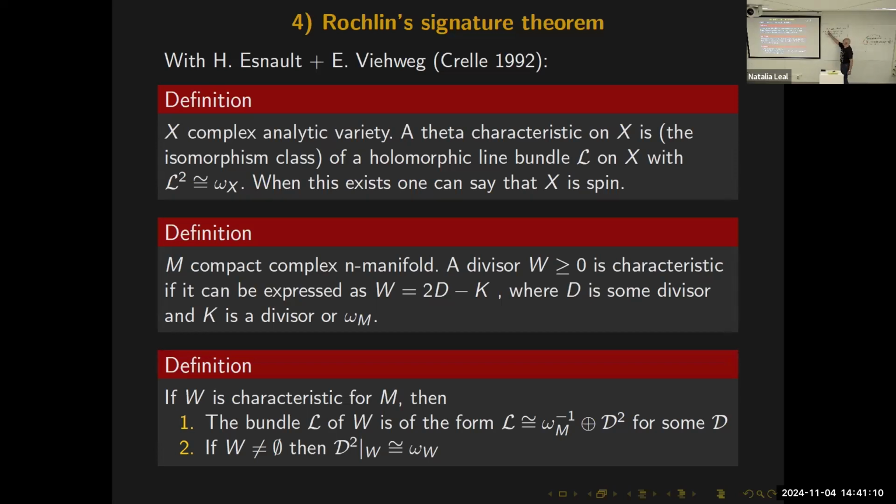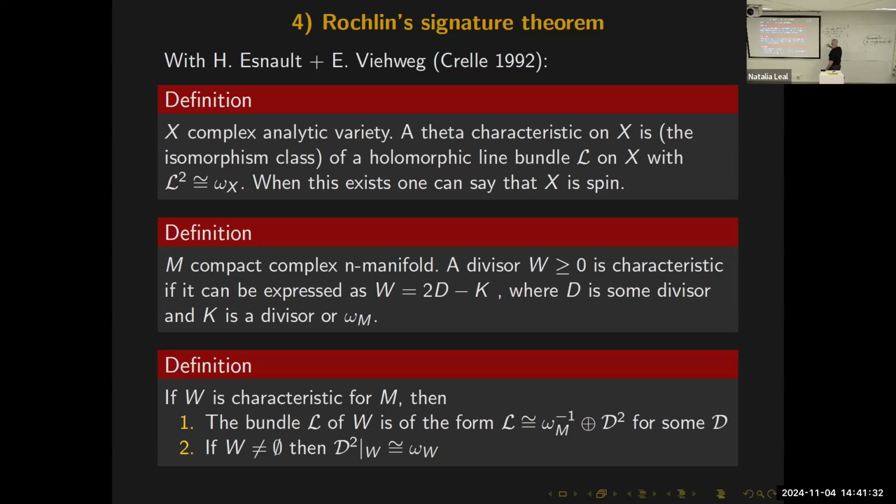So, for example, if M is a complex surface and you take a smooth representative of the canonical class, a smooth submanifold representing c1, automatically that gives you a characteristic submanifold. But there can be many others.